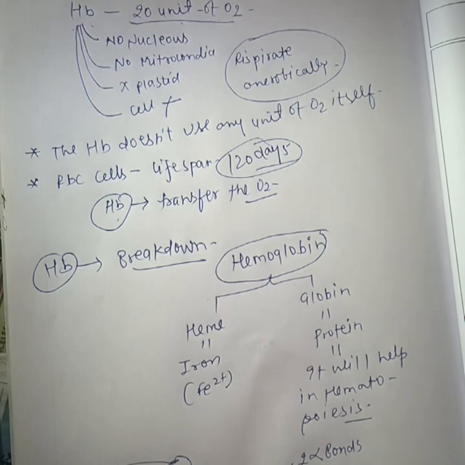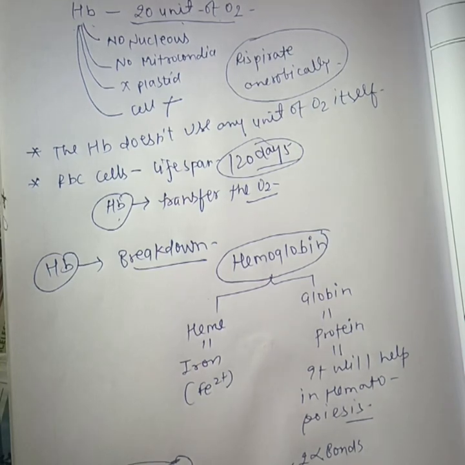RBC cells की लाइफ स्पैन 120 days है. After 120 days they become decomposed, but before the decomposition of the RBC cells, the hemoglobin transfers the whole amount of the oxygen content. Hemoglobin is a respiratory pigment which helps to transfer the oxygen content by the blood stream.